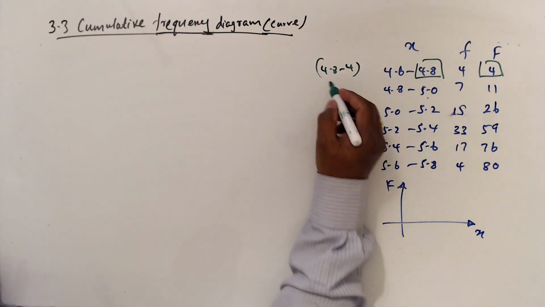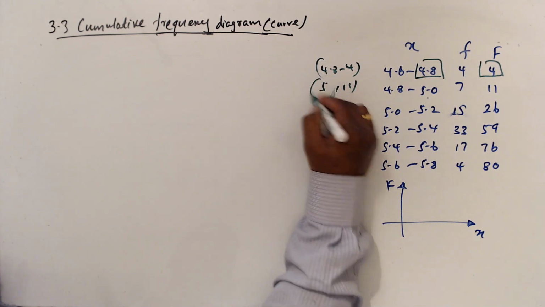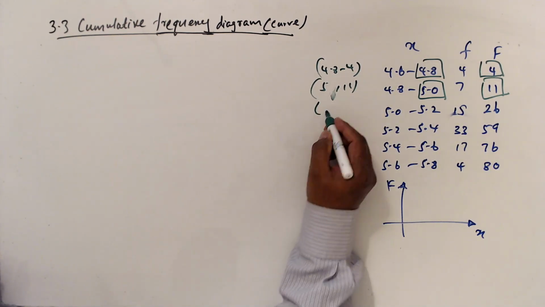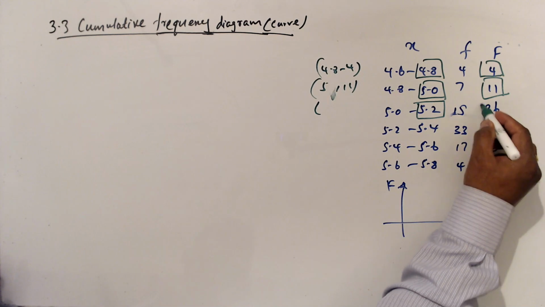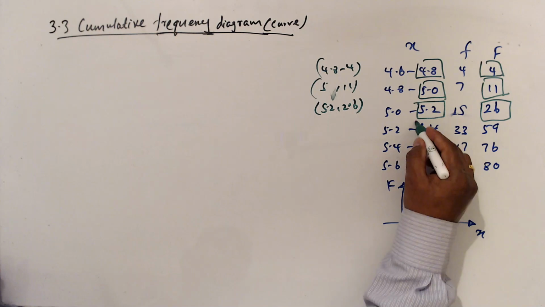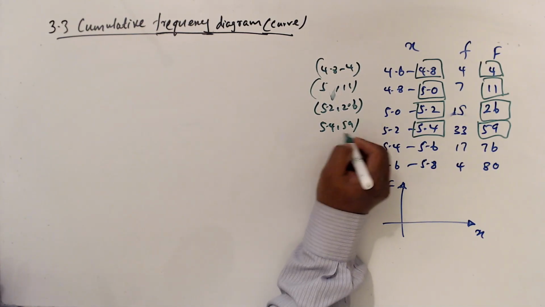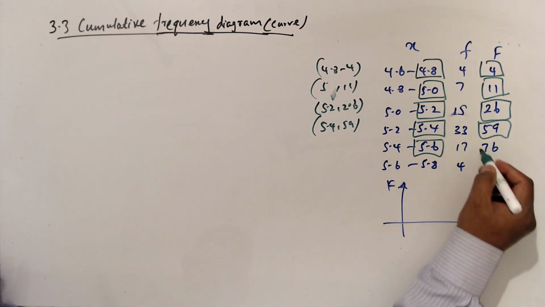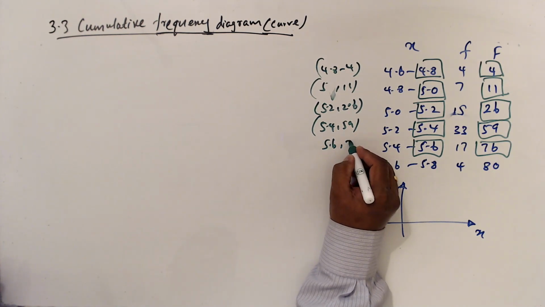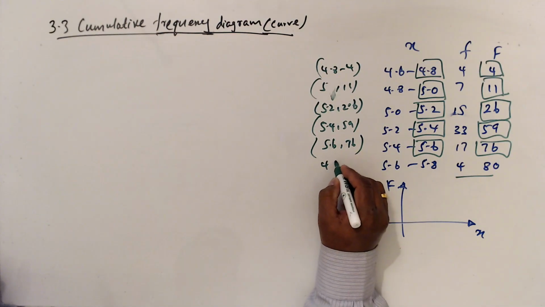And then (5, 11), and likewise (5.2, 26), (5.4, 59), (5.6, 76), and (5.8, 80).